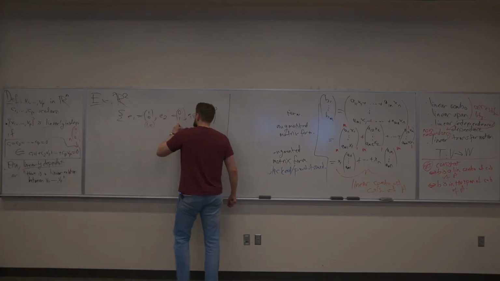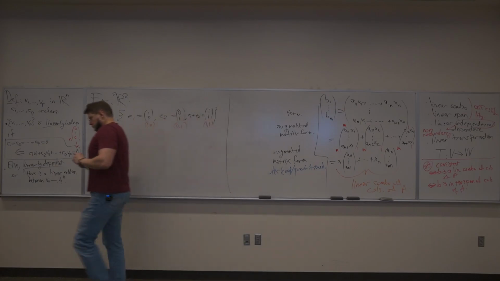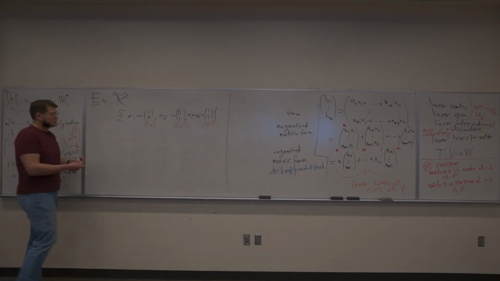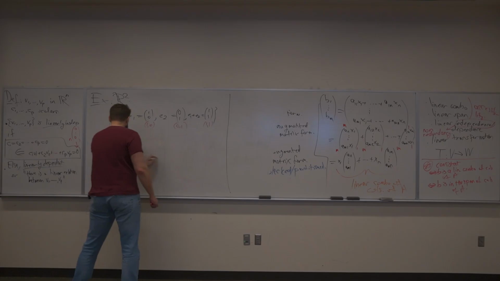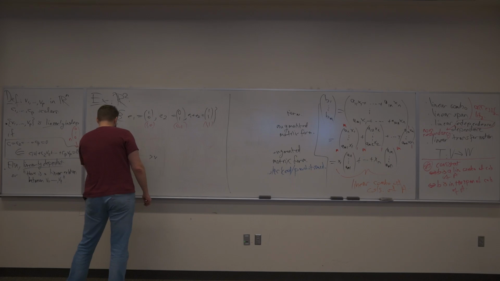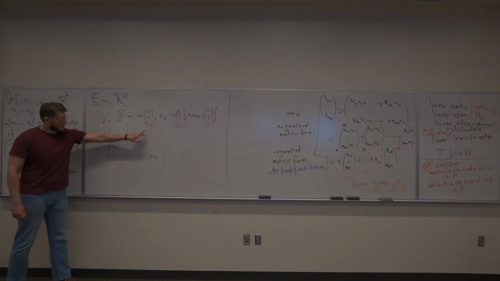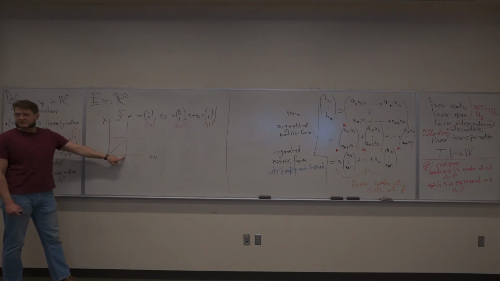And then I can plot these like so, x, y, like this perhaps. Now, 1, 0 is this point.